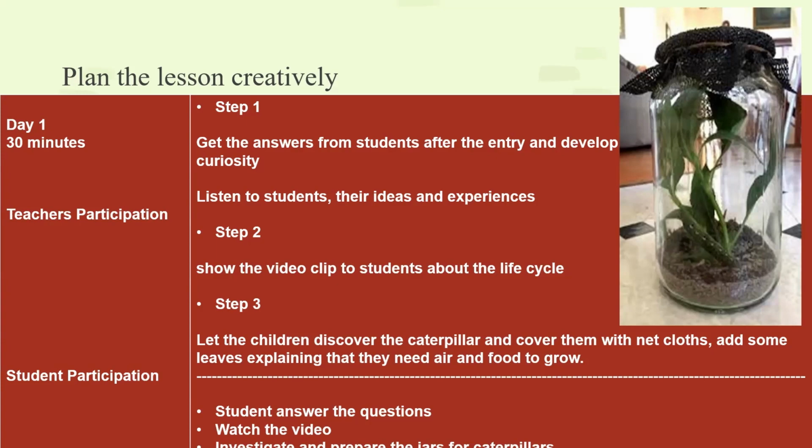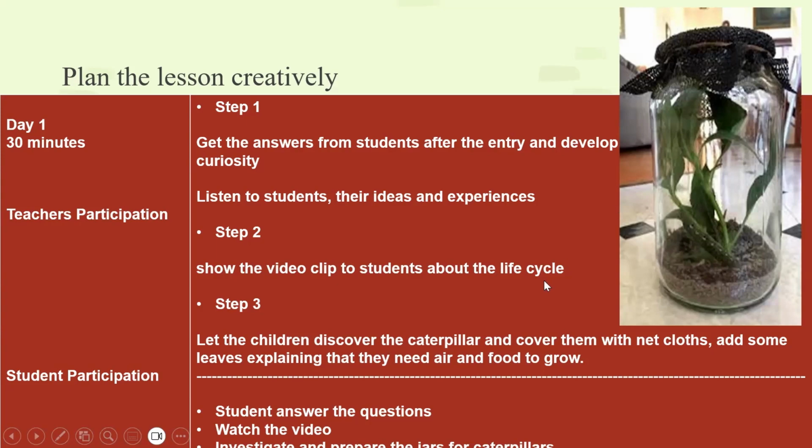Then I'm going to show them the caterpillar they got from home, right? You can see this is the jar I had in my classroom last year. So there's a small caterpillar there.